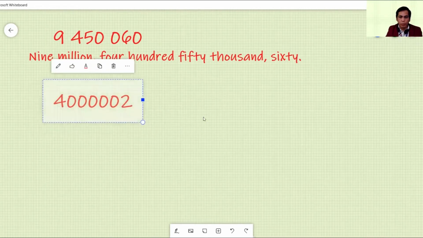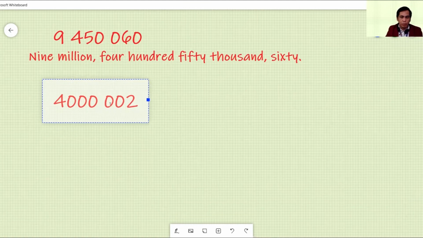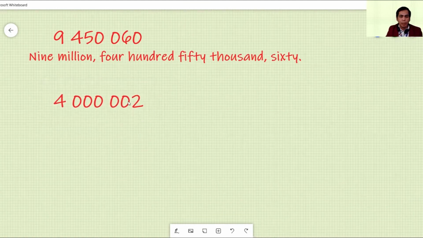First, we are going to arrange the digits in the given numeral properly by period. So we have here 200 belonging to the ones period, 000 in the thousand period, and 4 in the millions period.